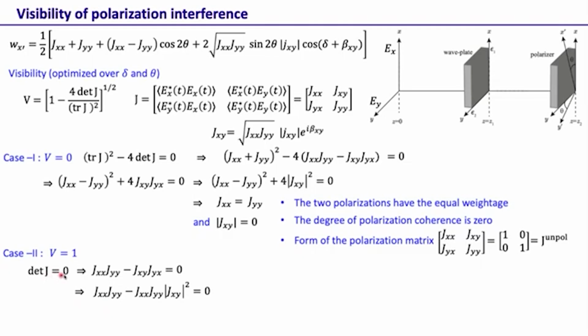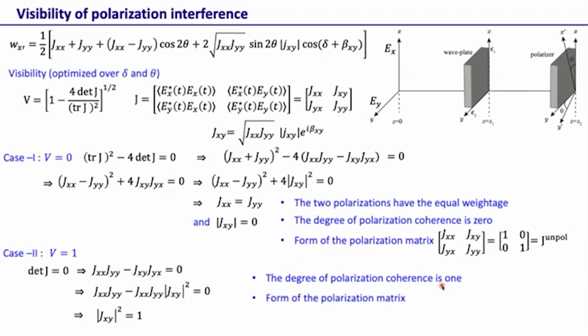So determinant J equal to 0 means that we have this. This then implies that this jxy whole square quantity has to be equal to 1. So if this quantity is equal to 1, this basically means the degree of polarization coherence is equal to 1. So when visibility is equal to 1, the degree of polarization coherence is equal to 1.